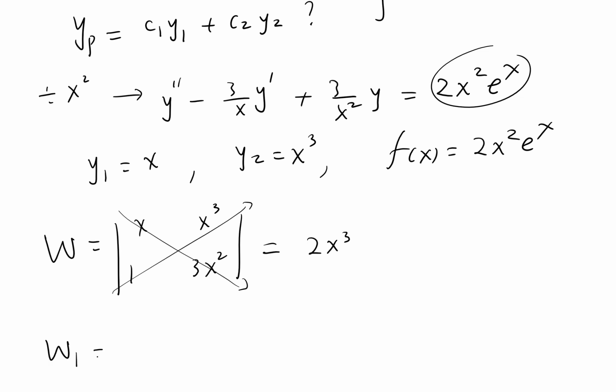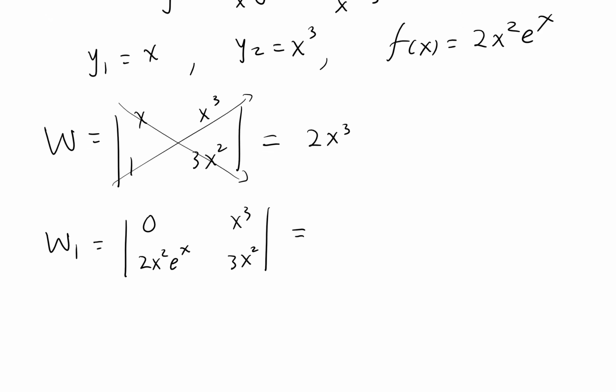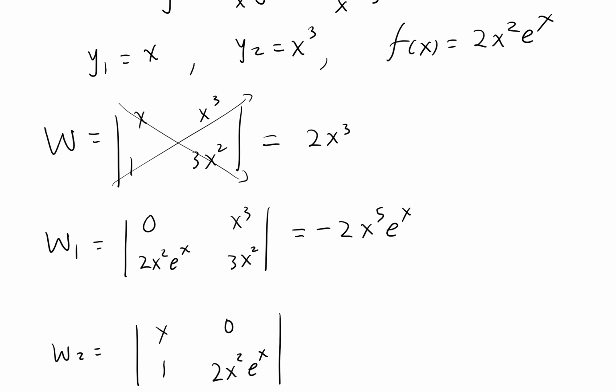We do w1, where we replace the y1 and its derivative with 0 and f of x and keep this the same. That gives us negative 2x to the fifth e to the x. And now we need to find w2. x, 1, 0, 2x squared e to the x.